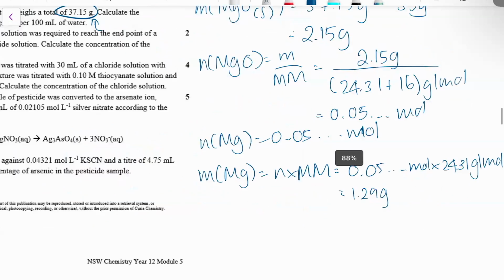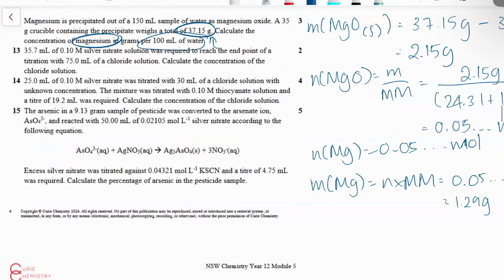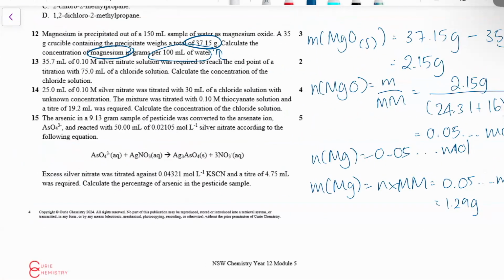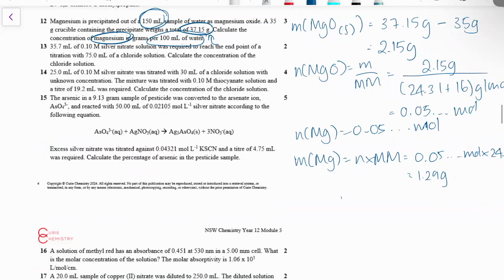So I've got the mass now. They want it per 100 mL, and that 1.29 grams is currently in 150 mL. So if I put it as a fraction, 1.29 grams divided by 150. How do I turn 150 into 100?